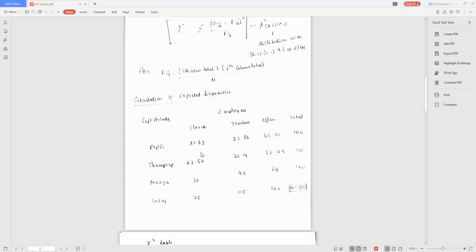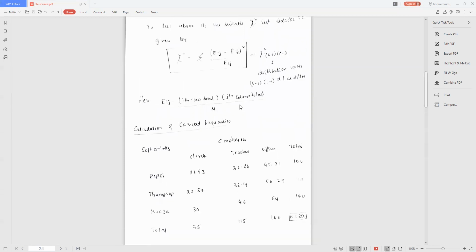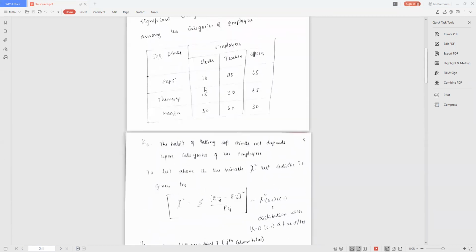See how we got the value 21.43. Eij is equal to the ith row total into the jth column total divided by n. In this data you have to add this row and this column.